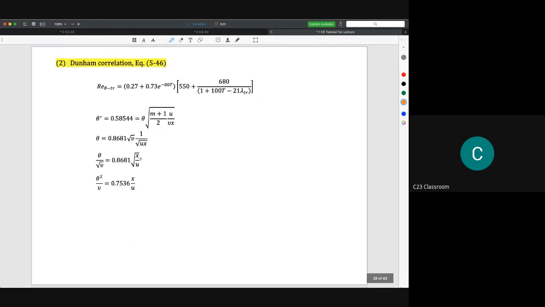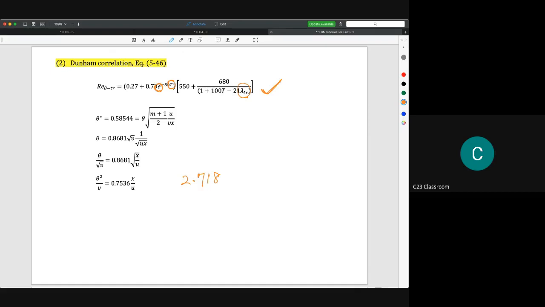Next, for the Dunham correlation, we have this equation. I hope you could refer to the textbook. We just use the equation, and we have the exponent here, so you could use the exponent as 2.718, I think. We have the value of lambda transition here, and also we have the value of t.